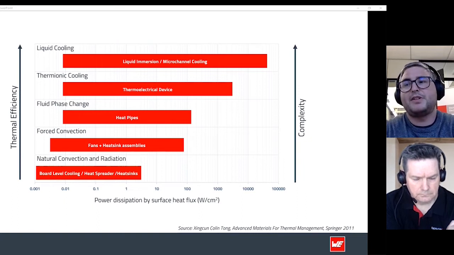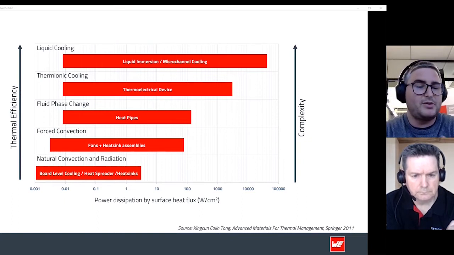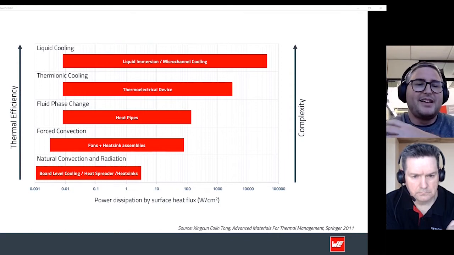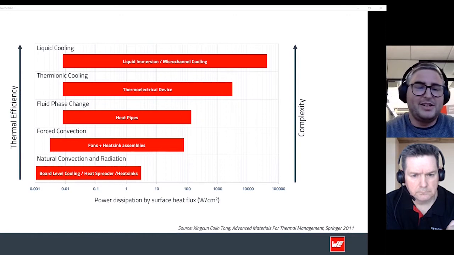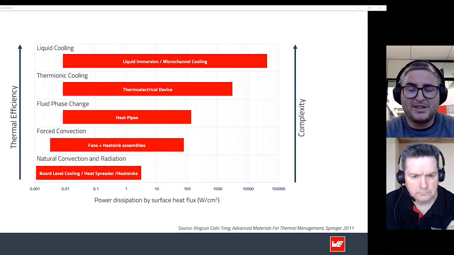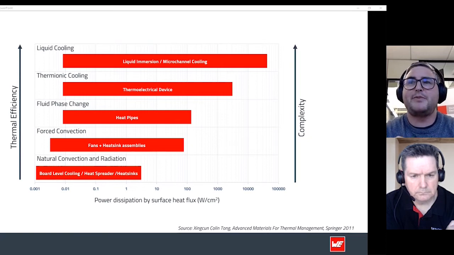That liquid sometimes thermally degrades over time and needs replacing, the pump can fail, and so on. So all of them have their perks, but all of them also have their issues. And this is always going to be a recurring thing in thermal management. It's always a compromise between different things: efficiency, costs, and of course end user requirements.